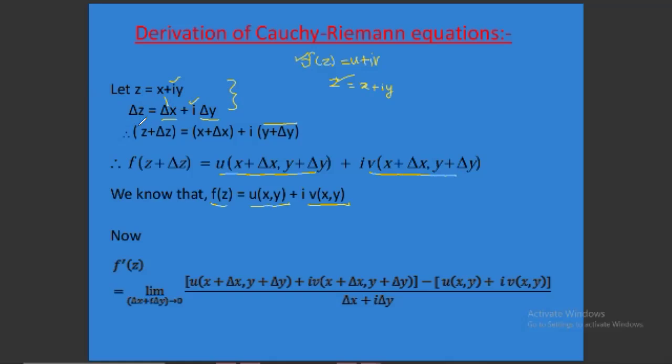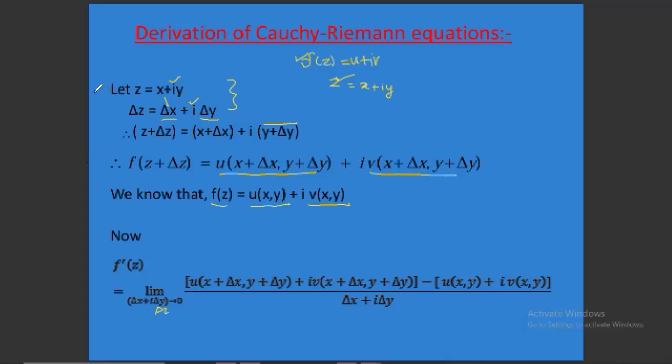Now, I am going to use all these in the derivative. So, f dash of z is equal to what? The limit del z tends to 0, so del x plus i del y tends to 0, and I am going to substitute all the values.